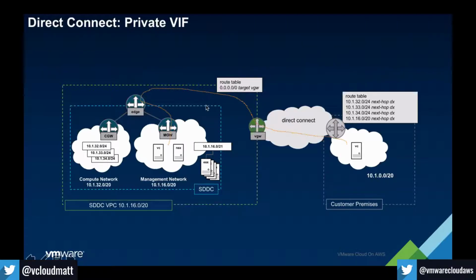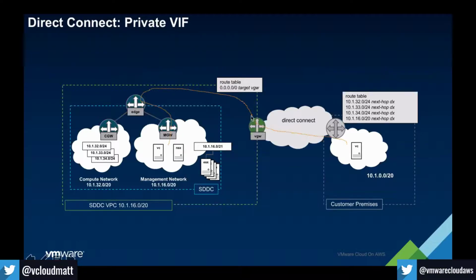Now, one of the key things to keep in mind is that we have a slight difference in the way the forwarding path works within the MGW, depending on what you're trying to access. So here you can see in this example, vCenter and NSX, these are virtual machines. They live completely within the overlay, the network overlay, right?